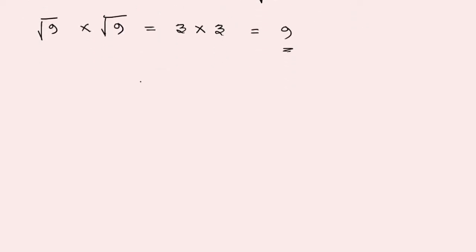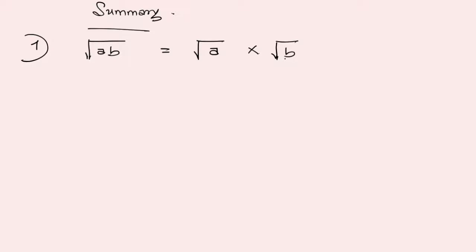If we do a quick summary of those three properties, the first one says that if you have the square root of ab, this is the same as the square root of a multiplied by the square root of b.